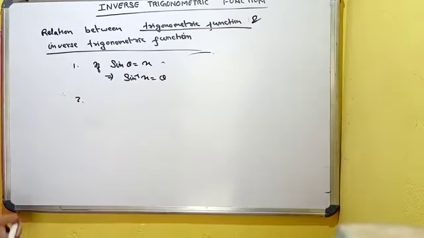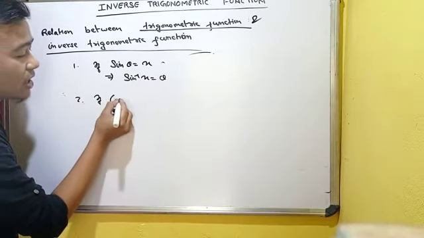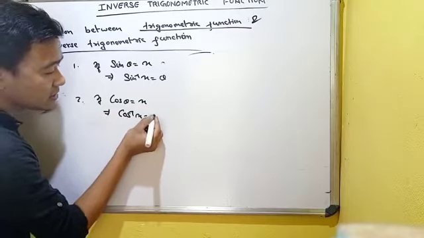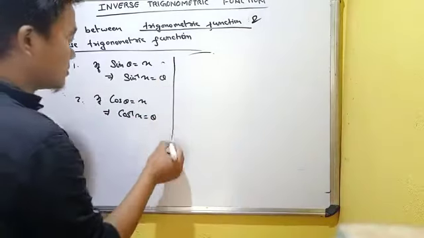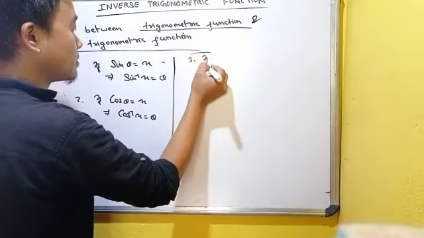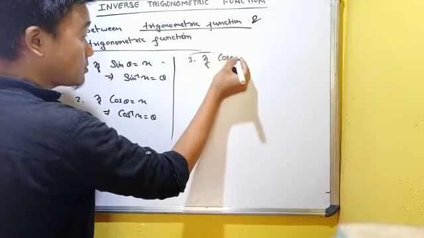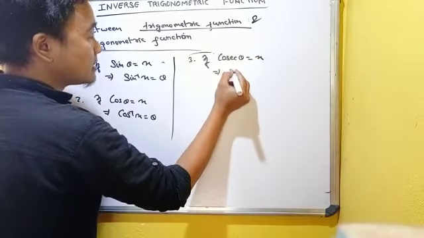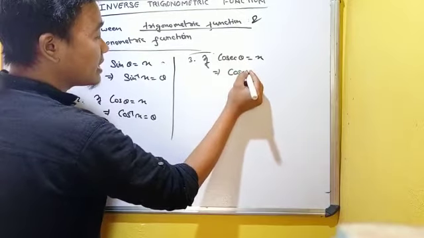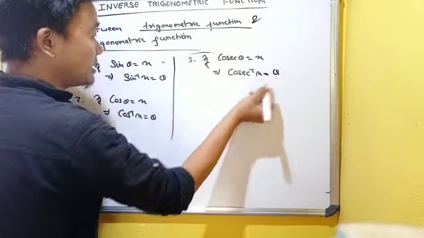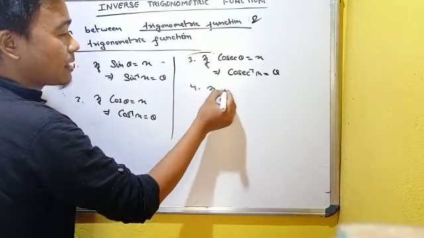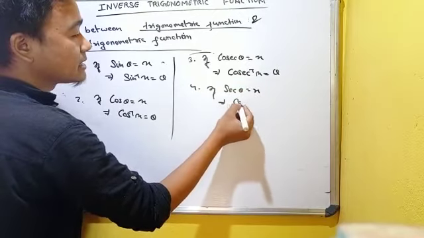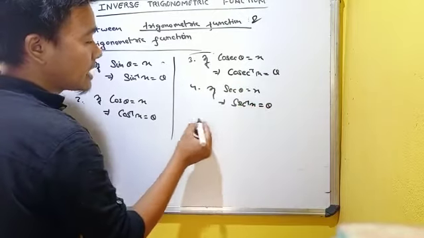Now similarly, second formula, if cos theta is equal to x, then it implies cos inverse of x is equal to theta. Third formula, if cosec theta is equal to x, then cosec inverse of x is equal to theta. Number 4, if sec theta is equal to x, which implies sec inverse of x is equal to theta.